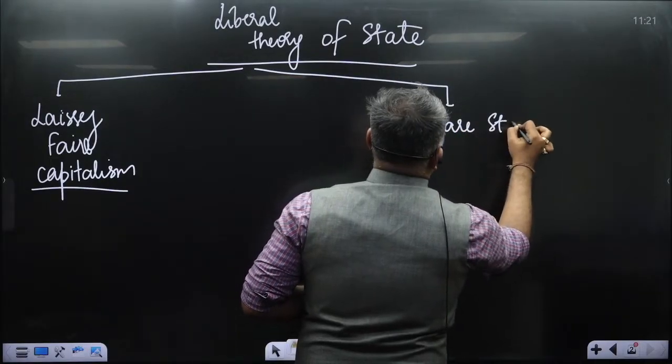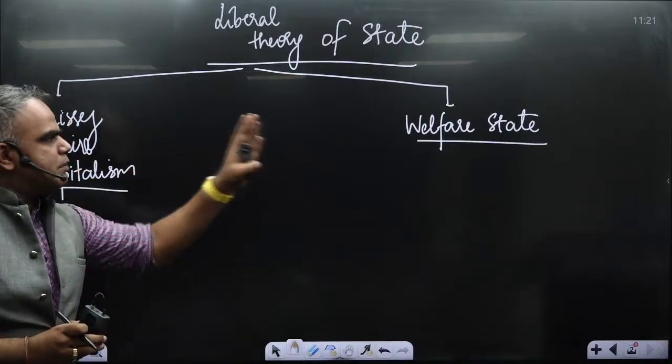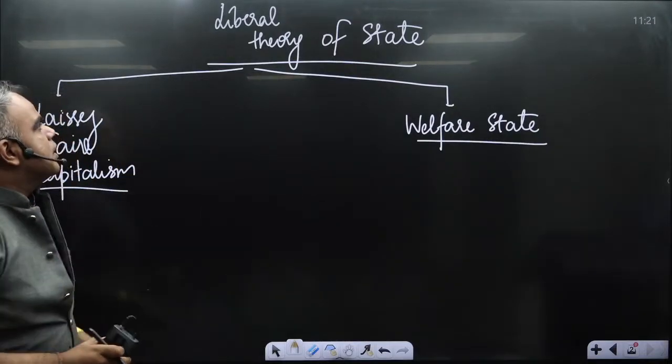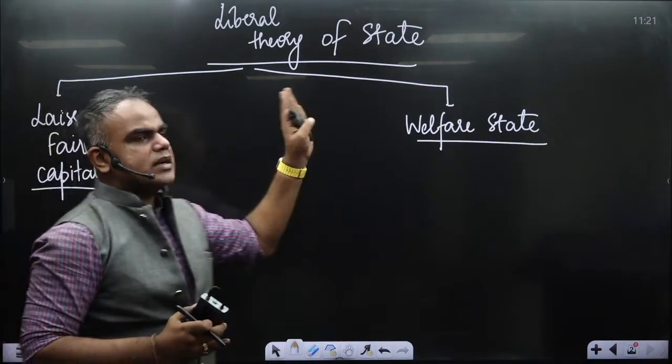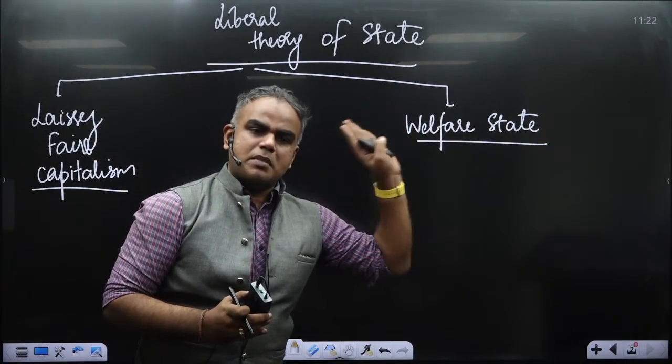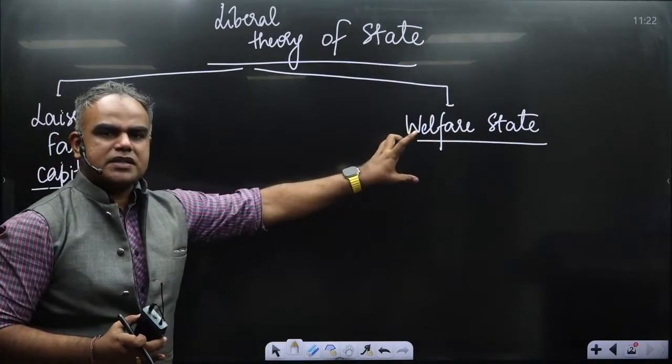And then you have a welfare state. This distinction is also important to understand. If this distinction is clear to you, then you will also understand the neoliberal theory of state which will come after this. Now look, laissez-faire capitalism and welfare state.